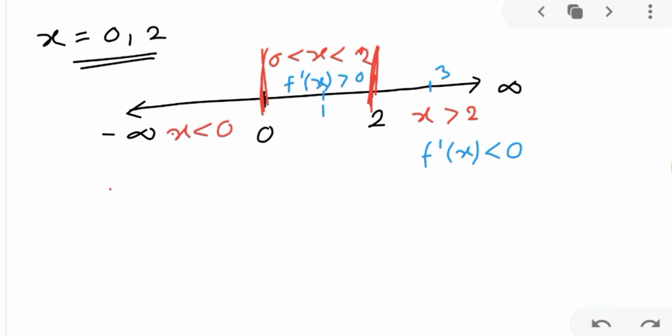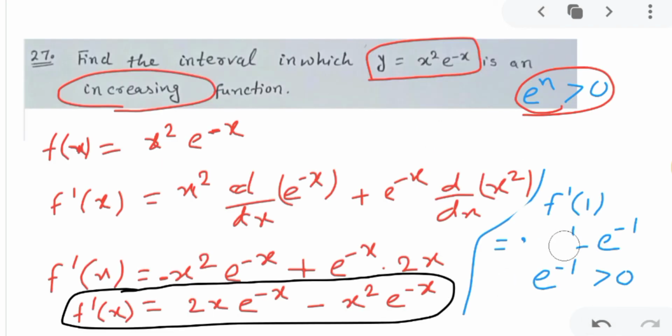Correct? Now I will check for the third one. For the third region, x is less than 0. Take any value. I am taking a simple value as minus 1. So for this value I will check f dash minus 1. Just you have to take one value, that's it.